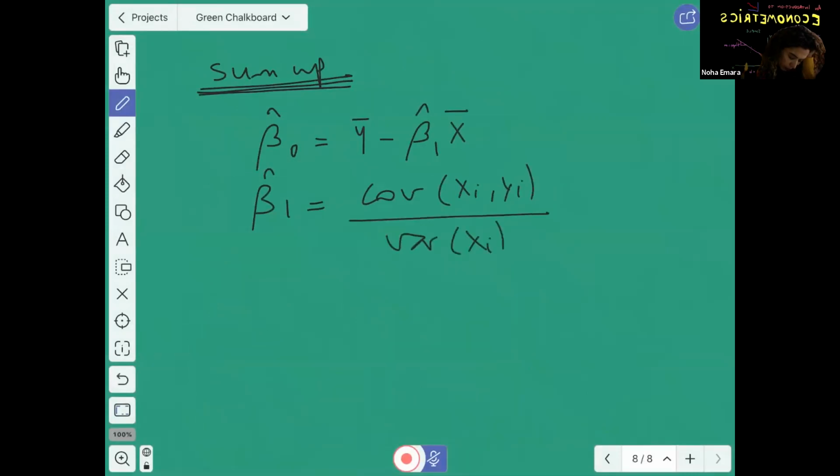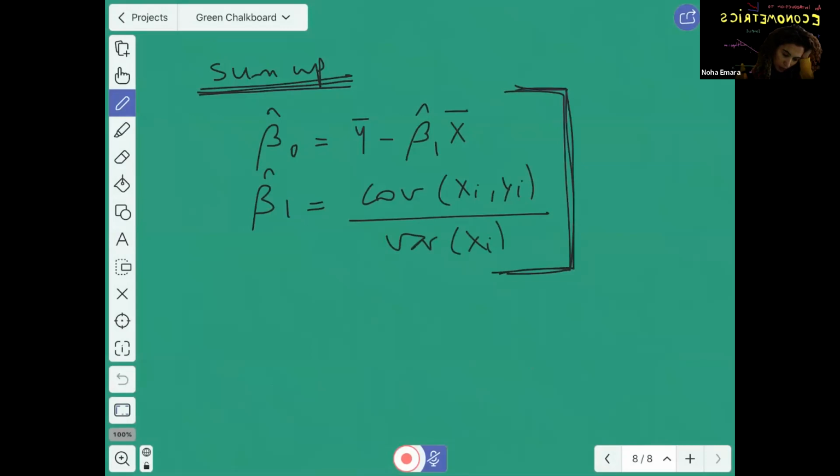This is very important, and it's very easy to estimate whenever I have just a simple model in which I have a single regressor, just one factor that affects Y. In a multilinear regression model, I have more than one X, so it's not going to be that simple.